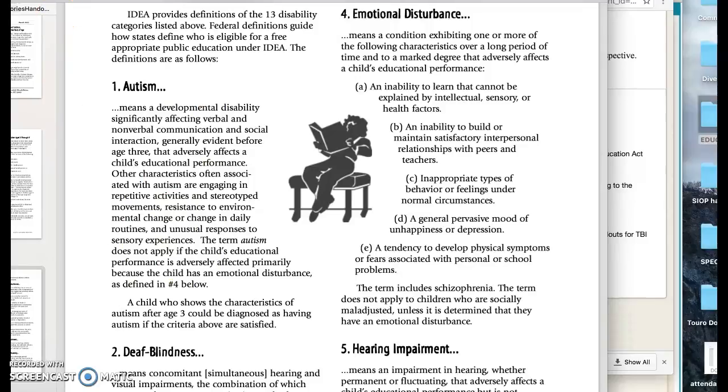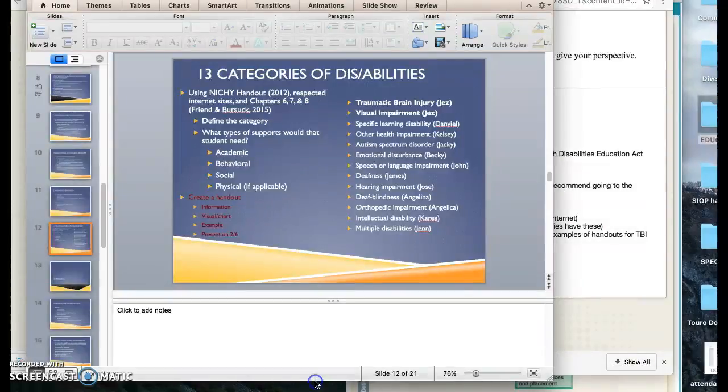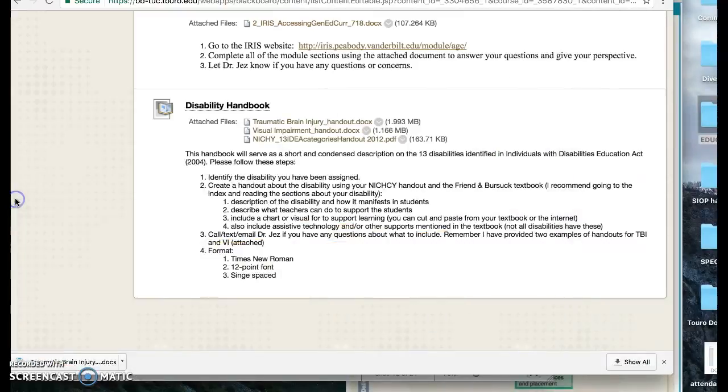That'll basically be the cover to our disabilities handbook. Each one of you was given a different disability, so you can find your name here and figure out which one you are supposed to be working on.